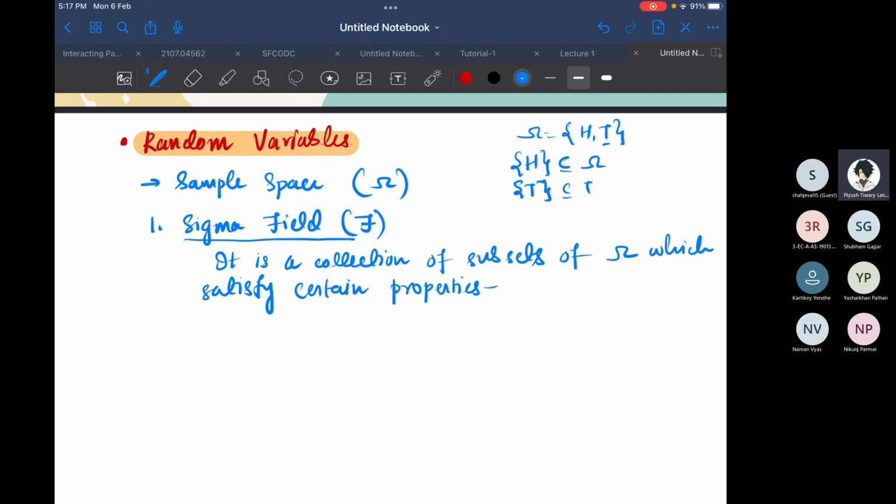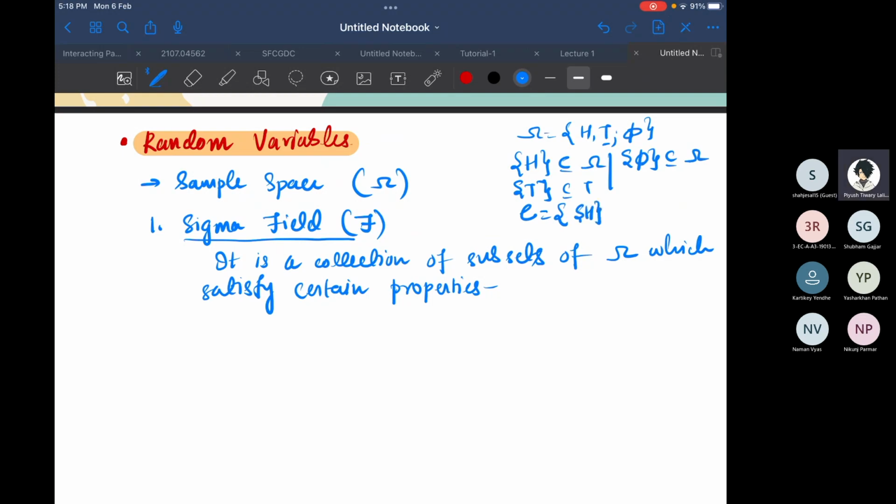Now something like phi, which is a null set, is also a subset of omega, because I can always say that my sample space has H, T and a null element, which is nothing. It's like zero in some sense, it is always there. Now I create a collection of these sets. Let's say script C is my collection of subsets.